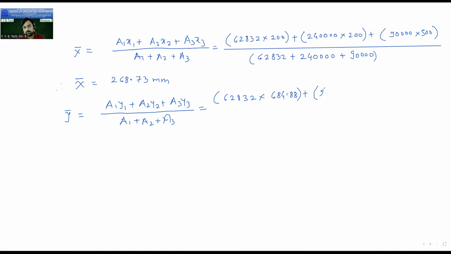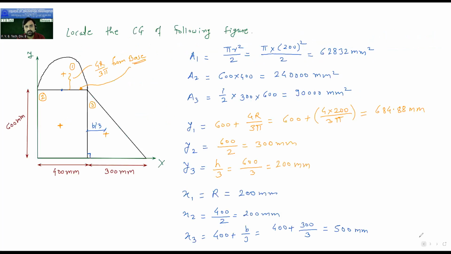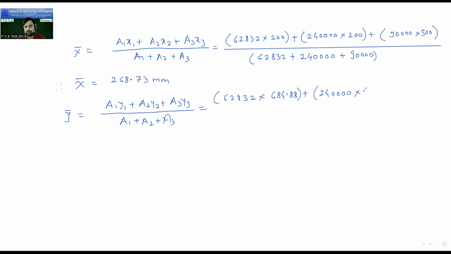Plus this is a2 into y2, the value of y2 is 300, plus 90,000 into 200, this is y3.